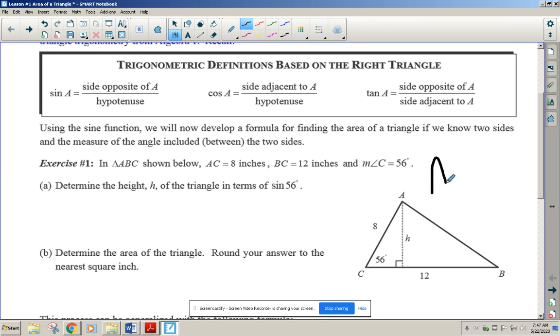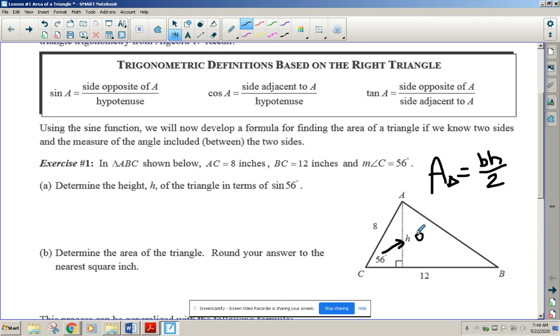The area of a triangle was always equal to 1/2 base times height, or we would write base times height over 2, because you took half of it. So you don't have the height. So if we use trigonometry and we need to find the height, this is also the opposite side.